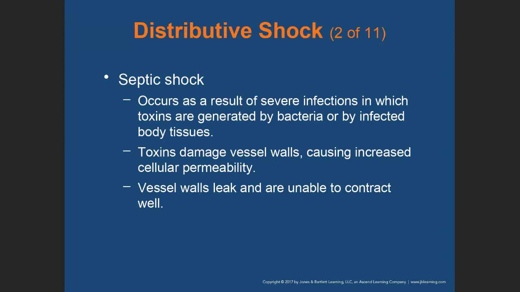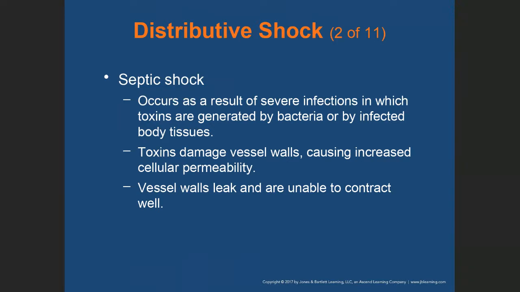So septic shock occurs as a result of severe infections in which toxins are generated by bacteria or by infected body tissues. The toxins damage vessel walls and cause increased cellular permeability, and the vessel walls leak and are unable to contract.